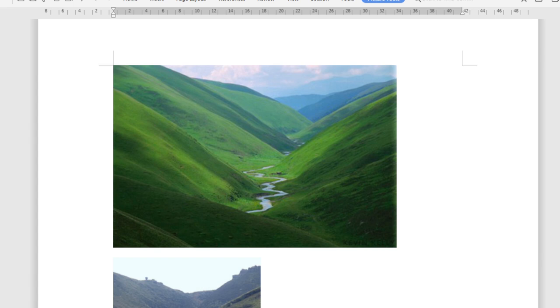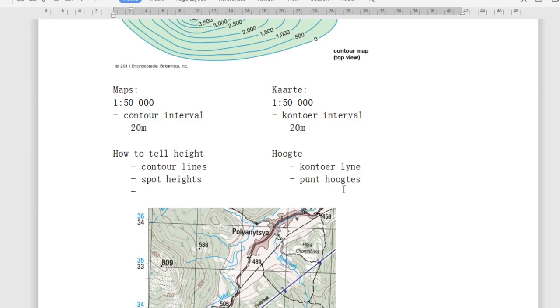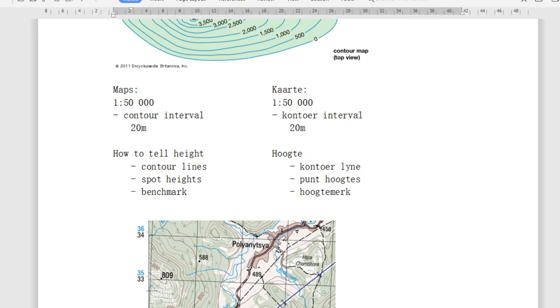Ons noem dit 'n hoogtemerk. It's a benchmark. Benchmark. So dit is net 'n hoogtemerk. Okay, and that shows us heights in between places where the contour lines are.